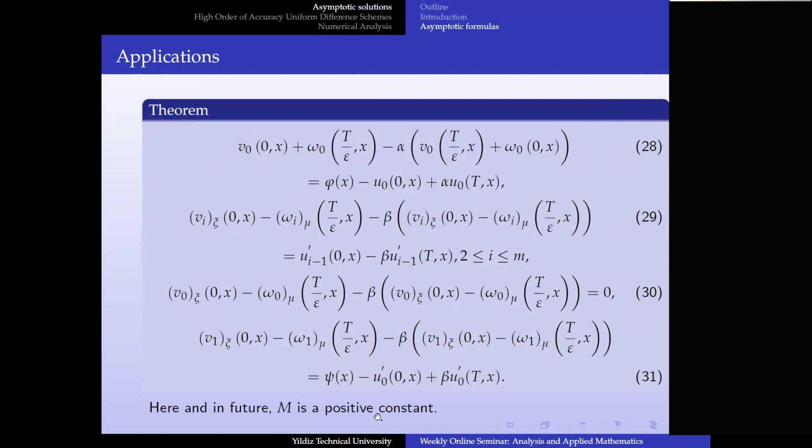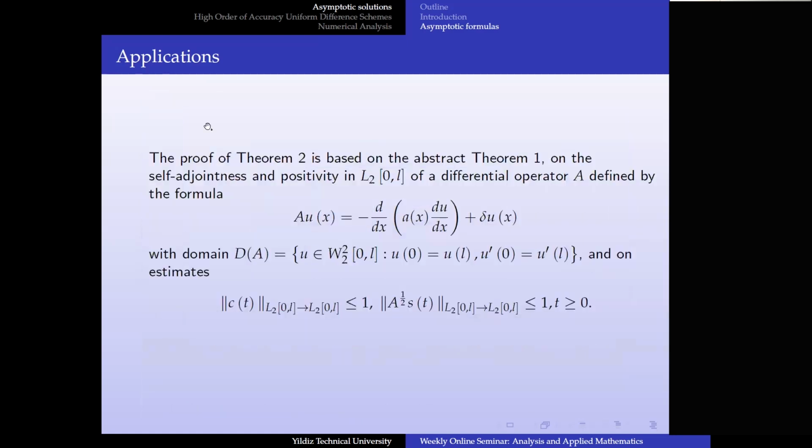Here and in the future, M is a positive constant. The proof of this theorem is based on the abstract Theorem 1 and on the self-adjointness and positivity in L2 of 0 to L of the differential operator A.